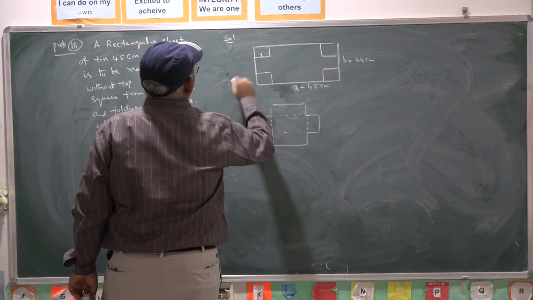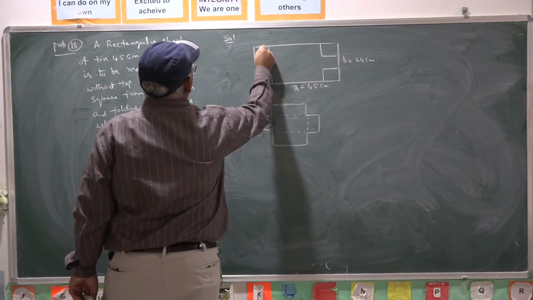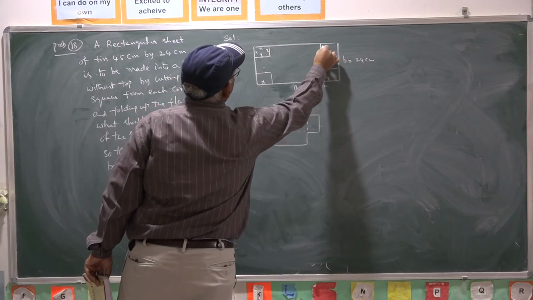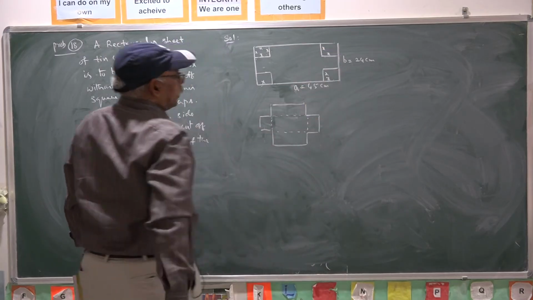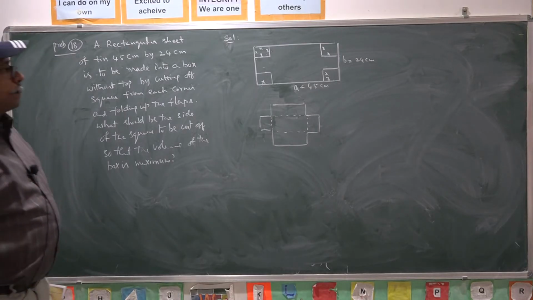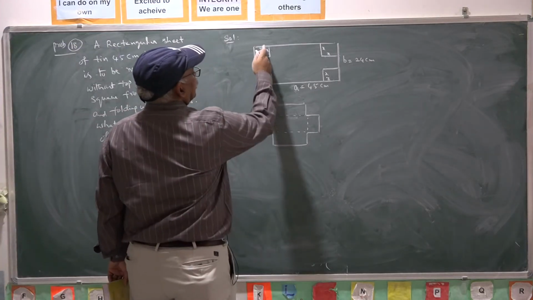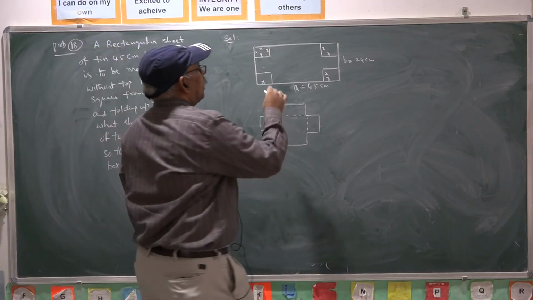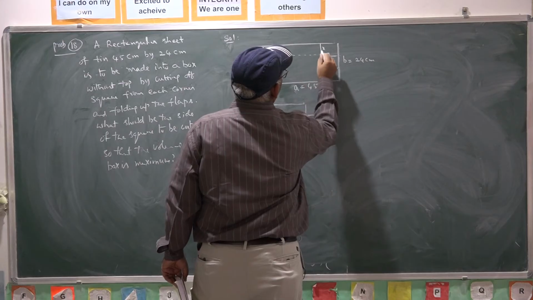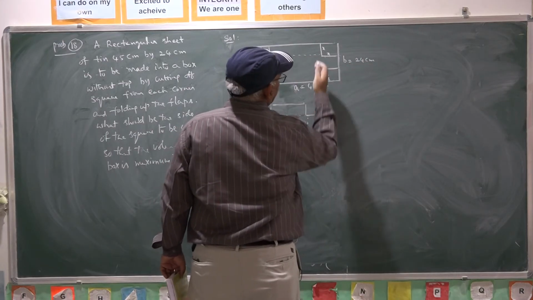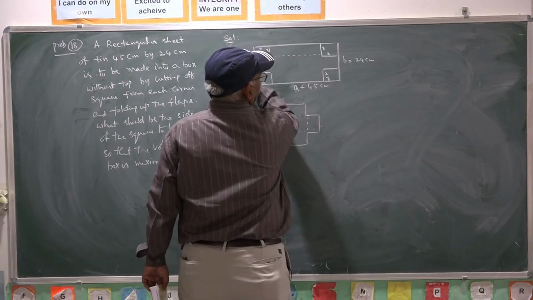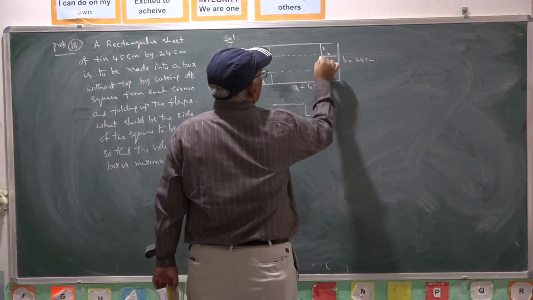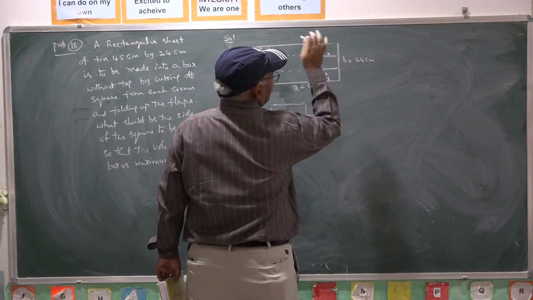So let it be x here. So this is also x, of course this is also x, this is also x. Like this, x, x, x, x. Once you cut off this piece and this piece, the length is reduced by 2x. Similarly, the breadth is also reduced by 2x.